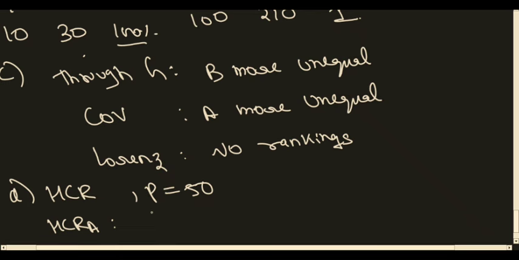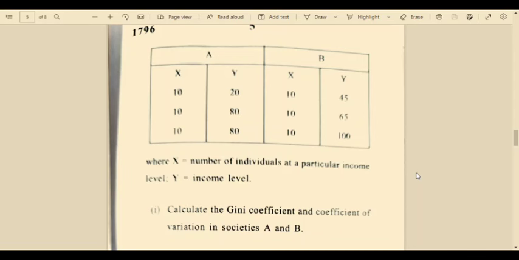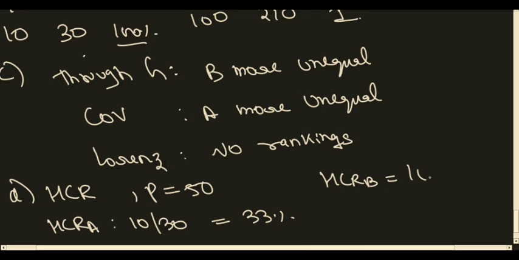So this would come out to be 10 upon 30, 33%. HCR B, less than 50 units. Here also we have got 10 upon 30. If you think there is any mistake in the calculation or solution part, you should let me know in the comment box. Okay.